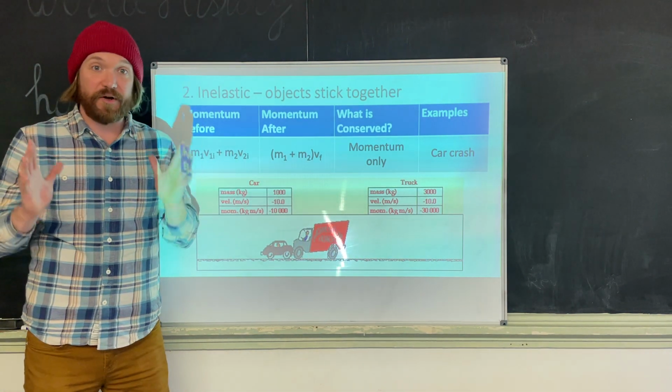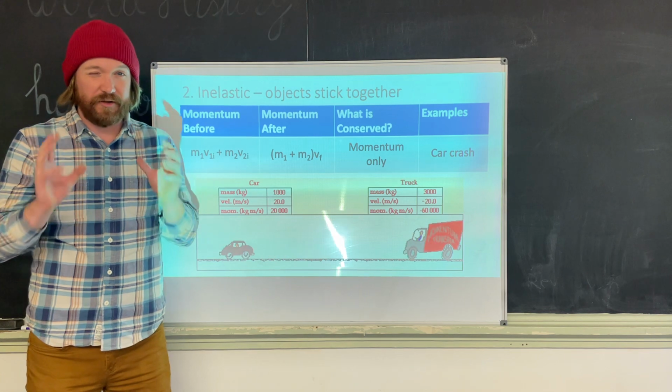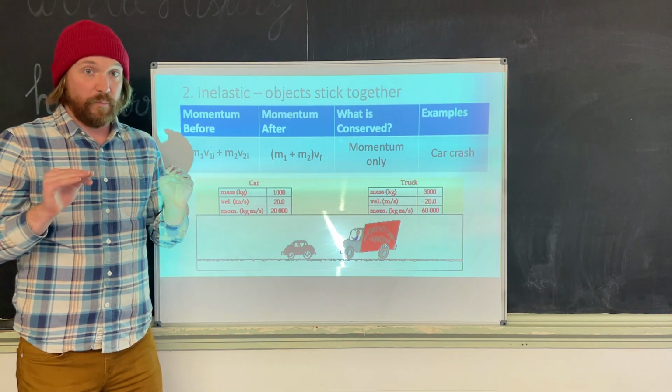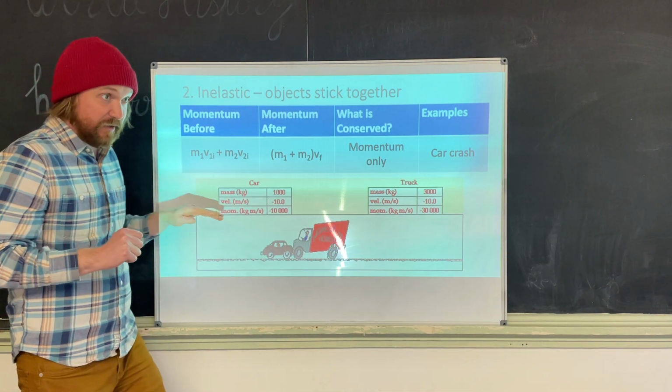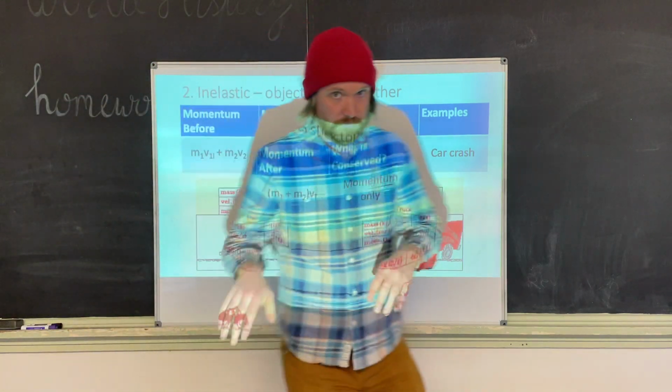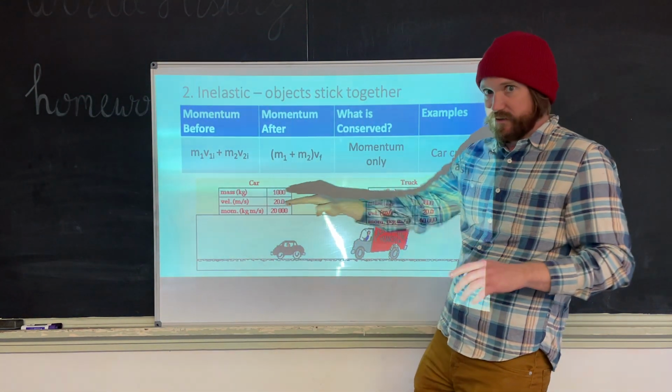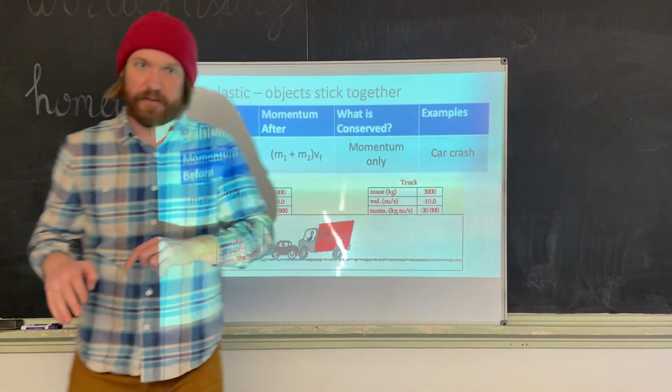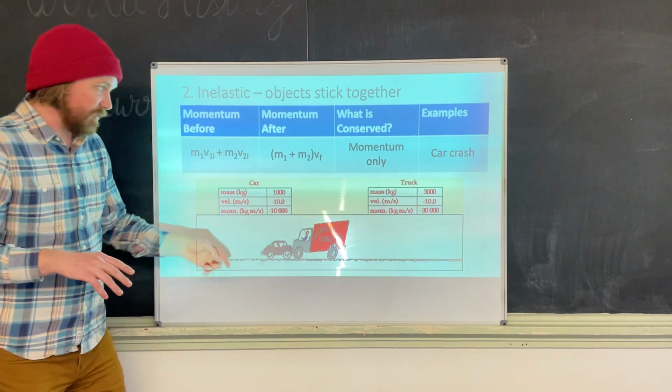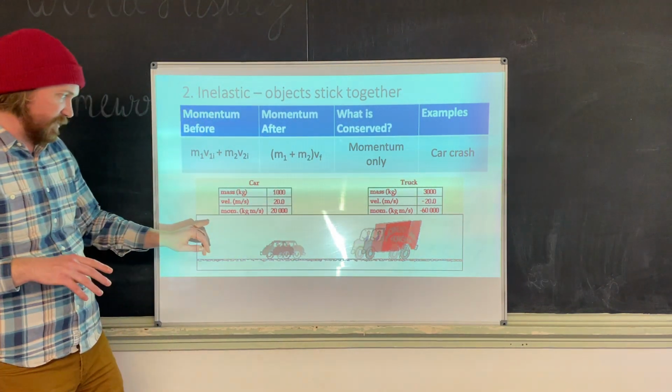This is very important to see. Another thing to remember is that if going to the left is a positive velocity, then going to the right is a negative velocity. When they combine, they stick together, and you can see that their momentums become one.